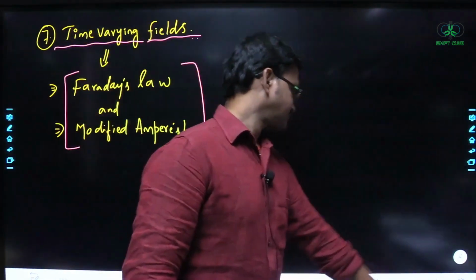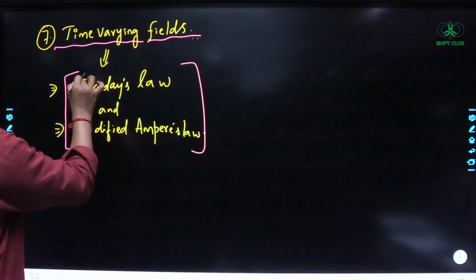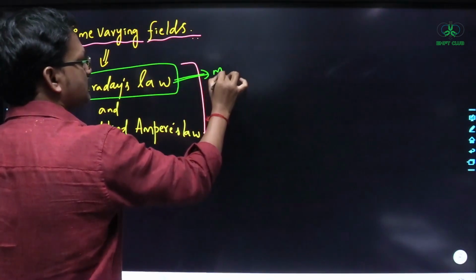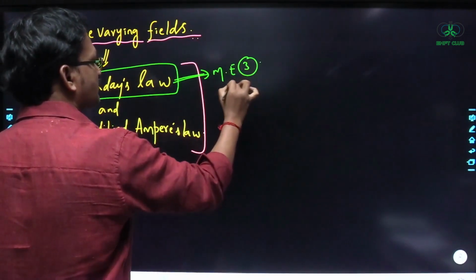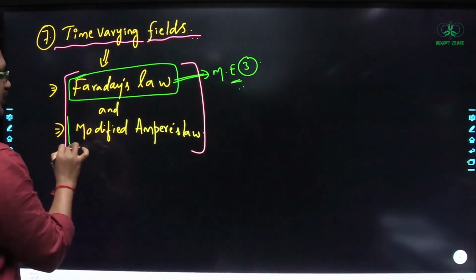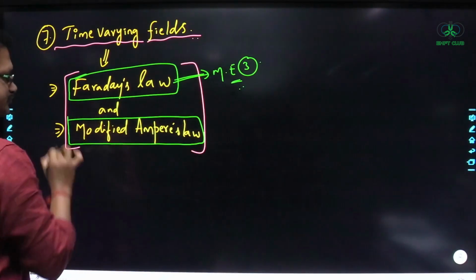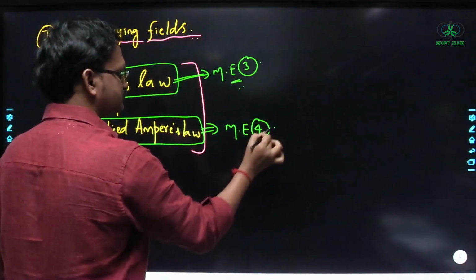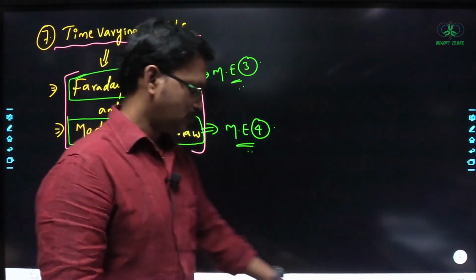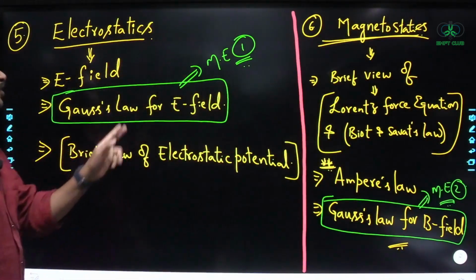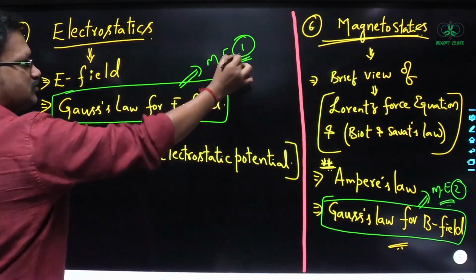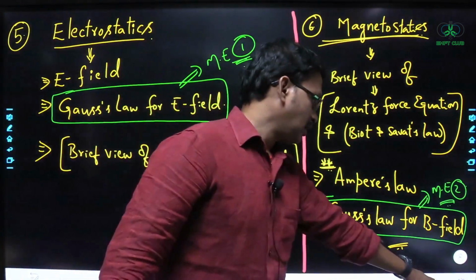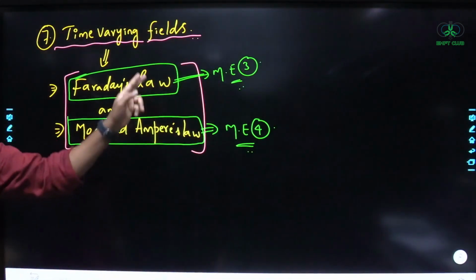Next, here this Faraday's law is nothing but Maxwell's equation number 3. And this modified Ampere's law is nothing but Maxwell's equation 4. So from electrostatics we got one Maxwell's equation, from magnetostatics we got another, and from time varying fields we got 2 more.